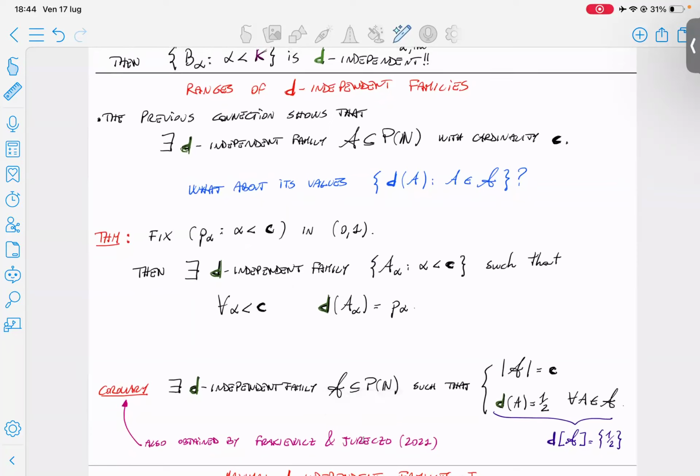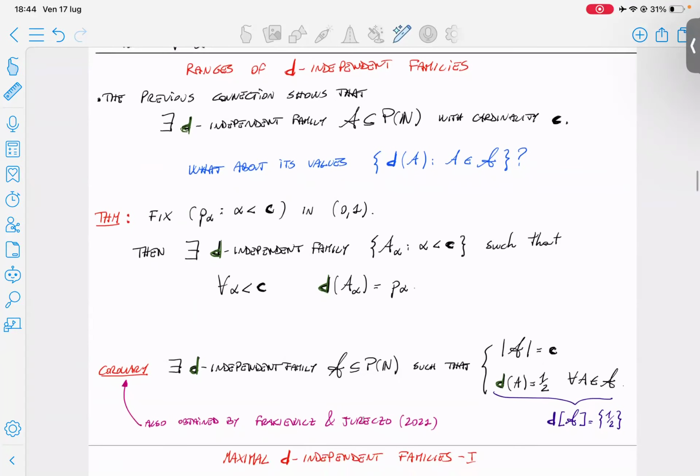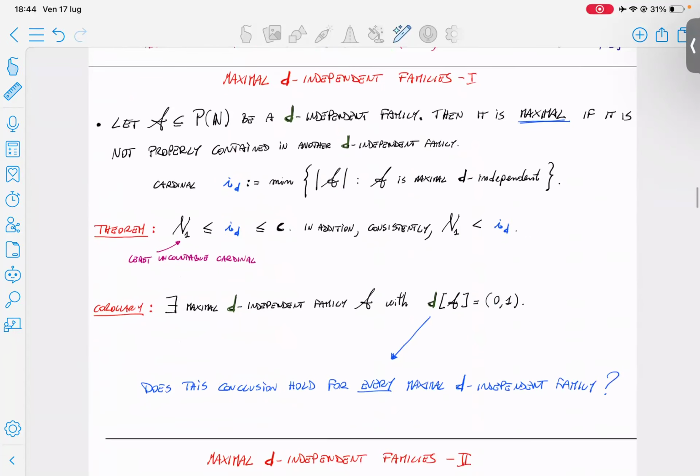Okay, so now we know that the possible values of the independent families with respect to the asymptotic density are whatever we like. But we want to ask the same question for maximal D-independent families. What is a maximal D-independent family?